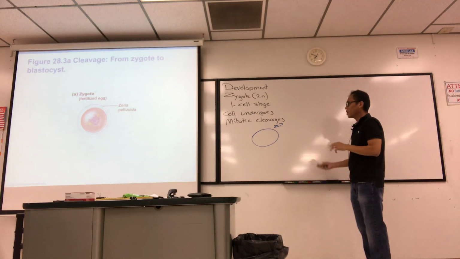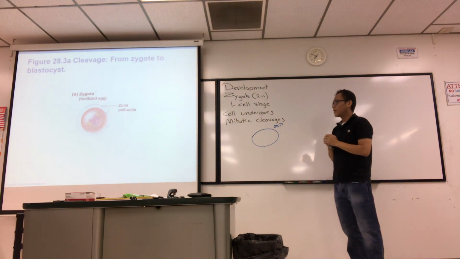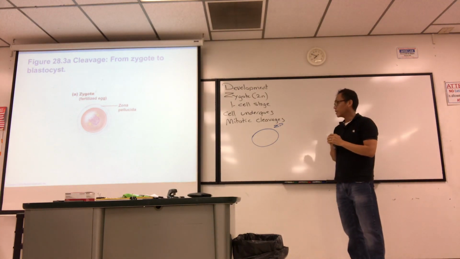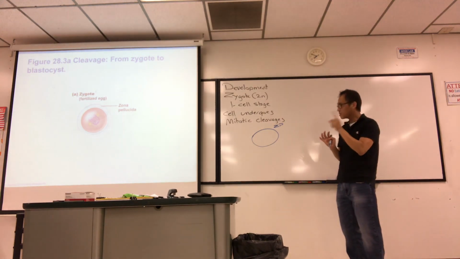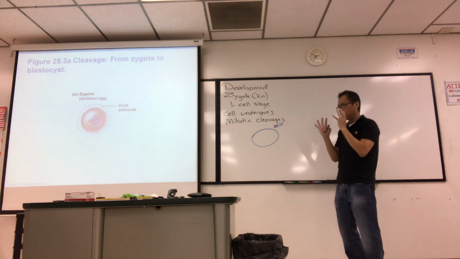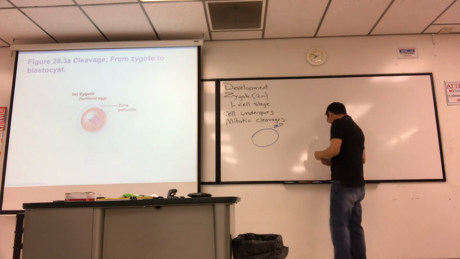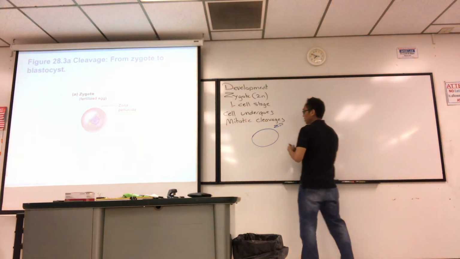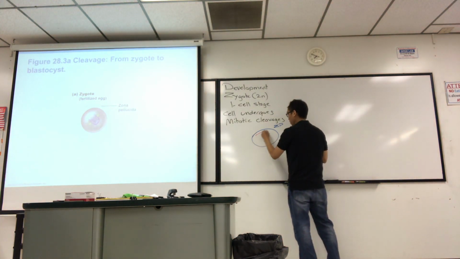It's not part of what will be the embryo. It's external to it. The one cell is what is developing into a person. I'll just draw one cell in there with a nucleus.